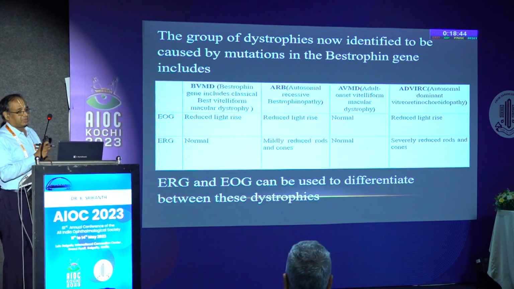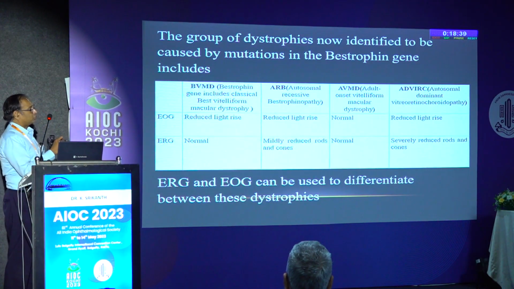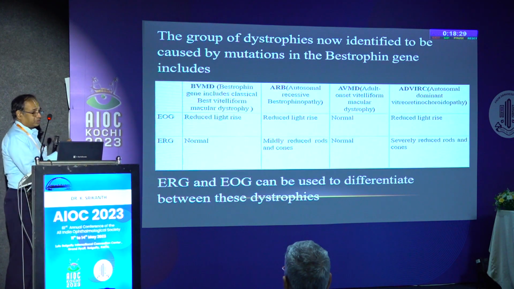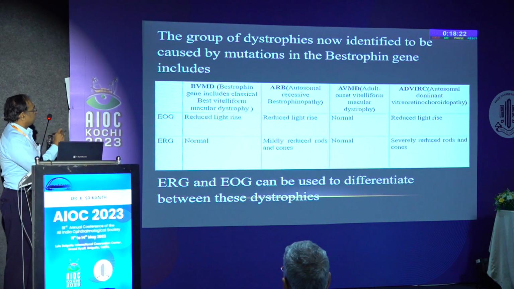Even before the classical picture is seen, you can pick it up by this. Usually these tests are done when you don't find anything really grossly abnormal, but the vision doesn't improve. So these are not routine tests. When we have difficulty in diagnosis, then these are used.